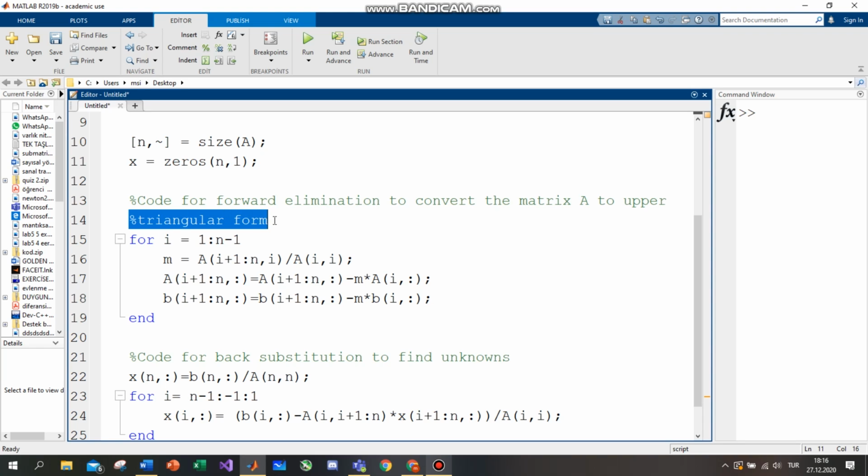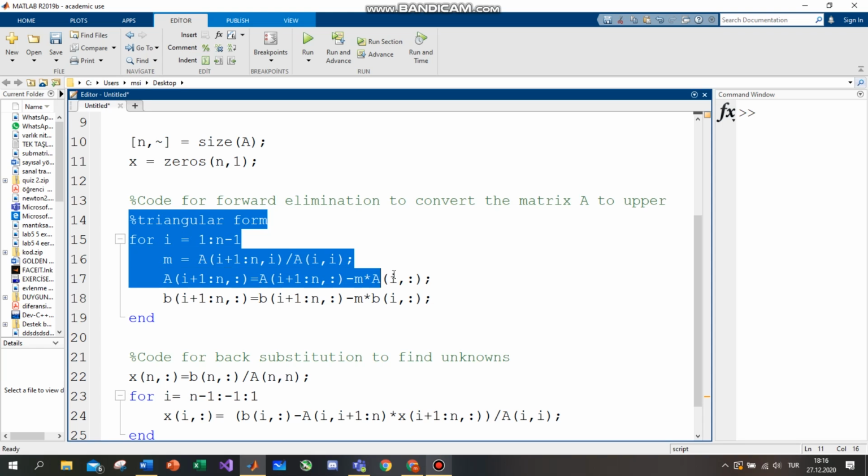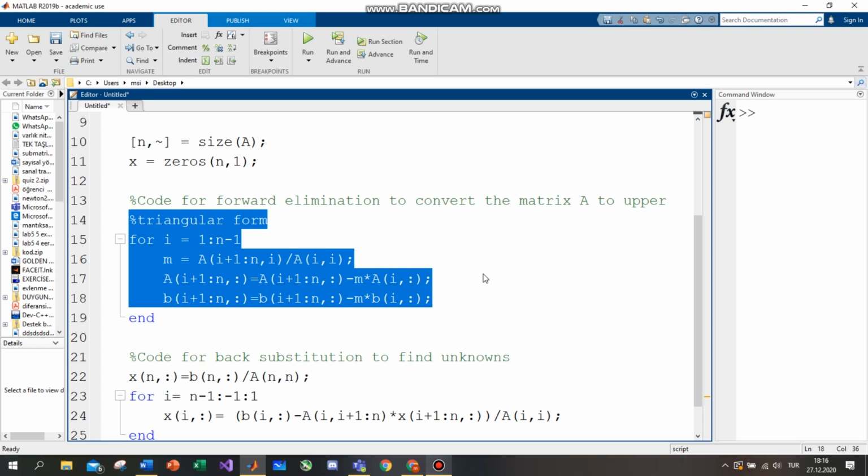This one is the triangular form. We have to solve the Gauss elimination, converting this coefficient matrix to the form of an upper triangular matrix, where all elements below the diagonal are equal to 0.